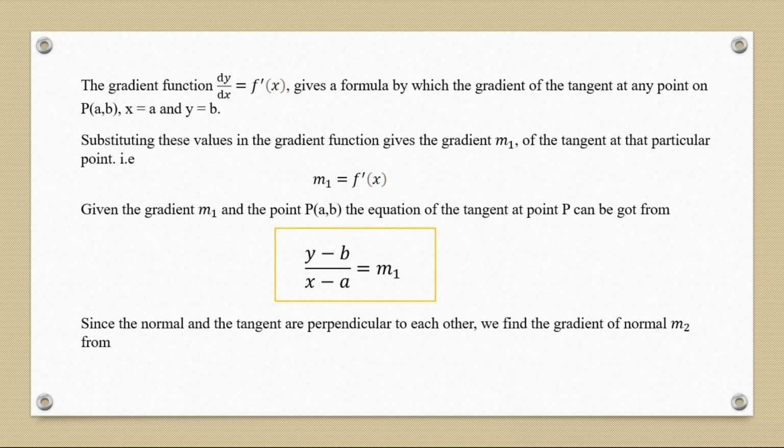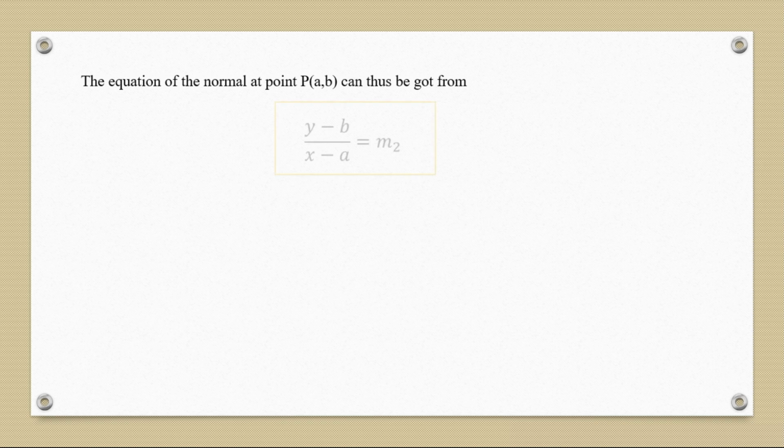Since the normal and the tangent are perpendicular, we find the gradient of the normal m2 from m1 × m2 = -1, so m2 = -1/m1. Therefore, the equation of the normal at P(a, b) can be found from (y - b)/(x - a) = m2.